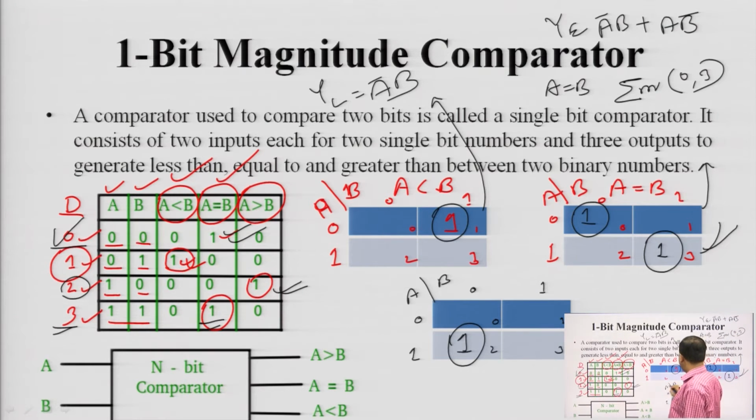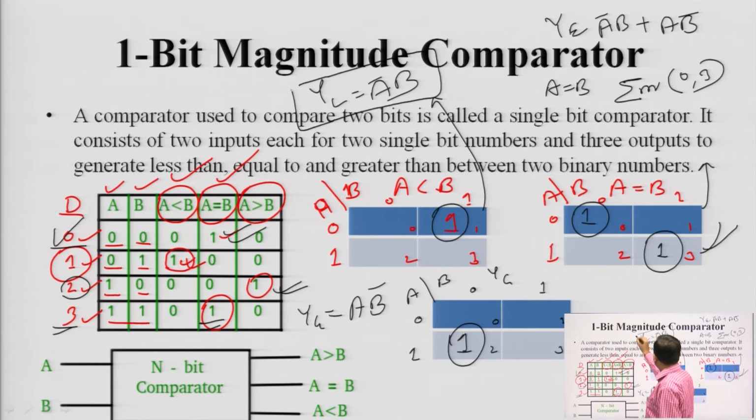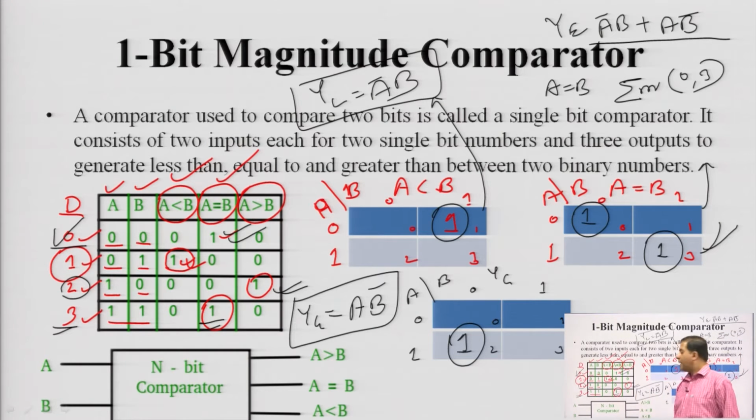And for y greater we will be having A B bar. So, 3 conditions you have satisfied. For less than we are getting the minimized expression as A bar B, for equal we are keeping A bar B plus A B bar, and for greater than we are getting the equation y greater is equal to A B bar. Okay. 3 conditions we have already got.